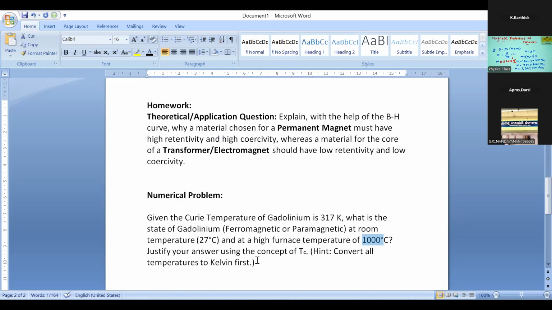Justify your answer using the concept of Tc, the Curie temperature. Convert all temperatures to Kelvin first. So write it down. If you have any doubt, please ask me via the chat box. Okay, very important homework. So write it down, please.